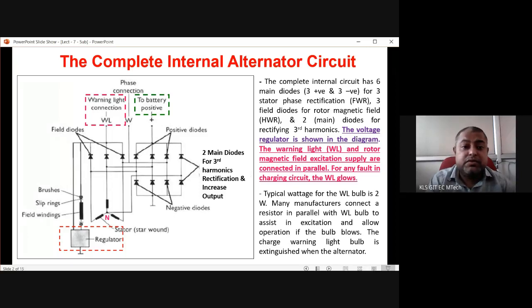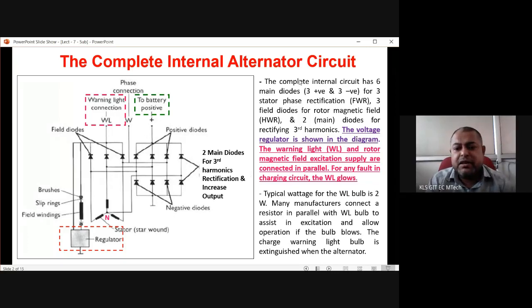No current should flow from the battery to the alternator. All the current and supply should flow from the alternator towards the battery. Under any condition, nothing should come from the battery towards the stator of the alternator. So these are the blocking diodes. So this is all about this circuit.